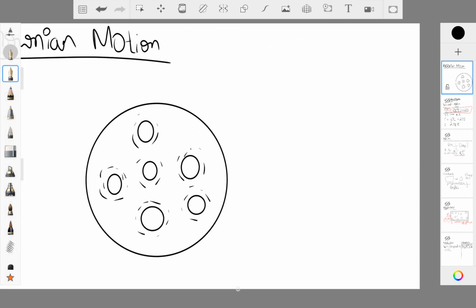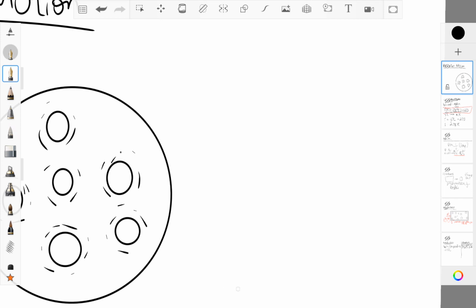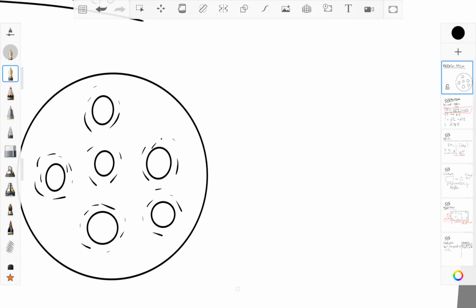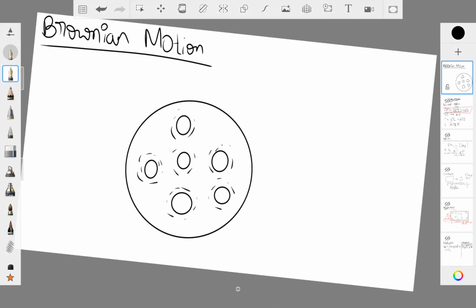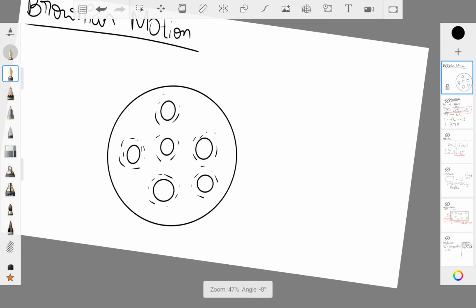Now, there are a few keywords that you need to use in your explanation when describing Brownian motion. Number 1, in this case, I gave an example of pollen grains. Sometimes they might ask you about smoke particles in air, and Brownian motion also occurs in that case.